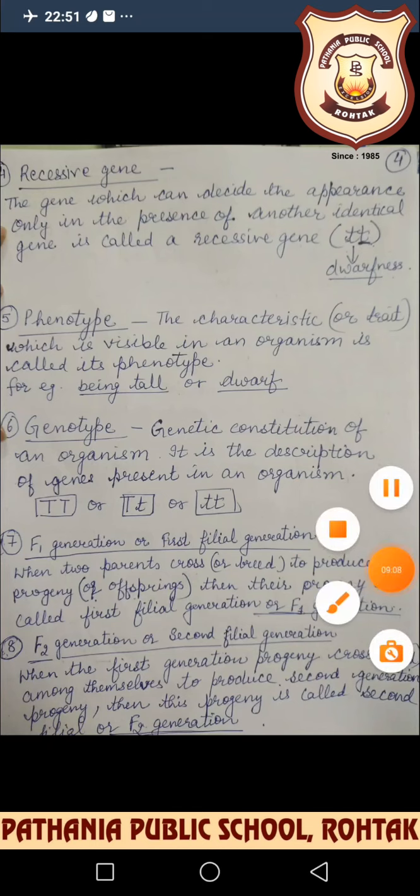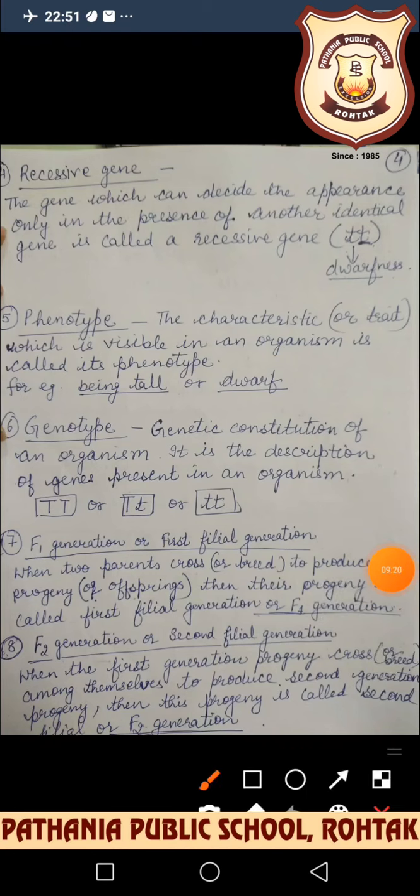F1 generation is also known as first filial generation and F2 generation is also known as second filial generation.